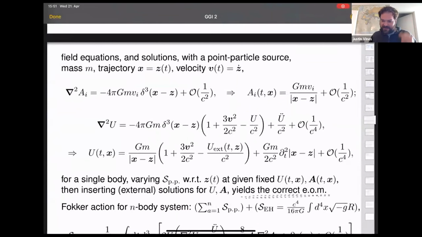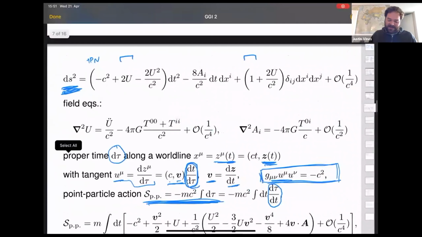So those are the correct equations, and they will be equivalent to the geodesic equation in this metric with given external fields.